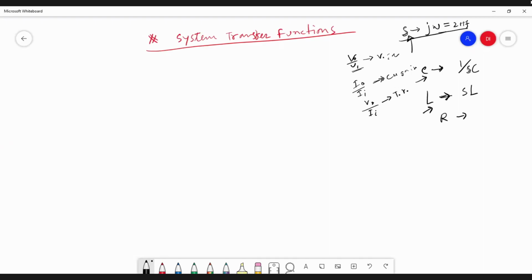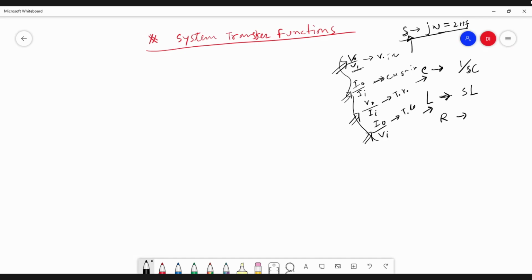Another combination is I output by V input, called transconductance. So these four kinds of transfer function are possible.